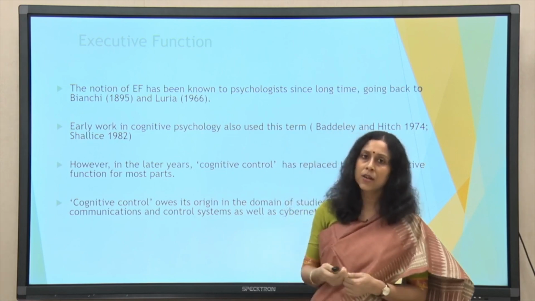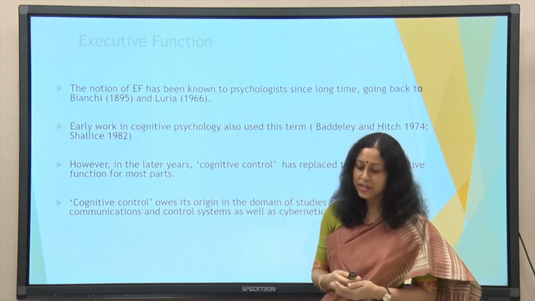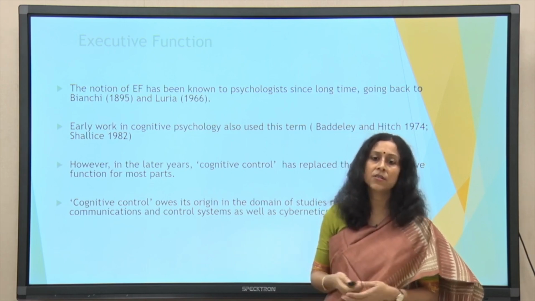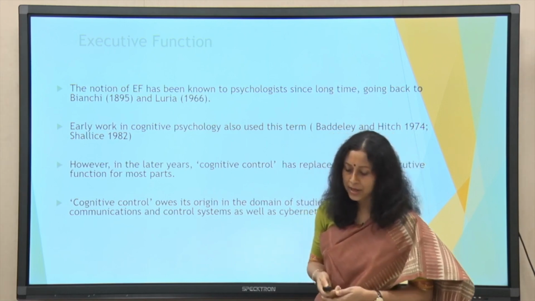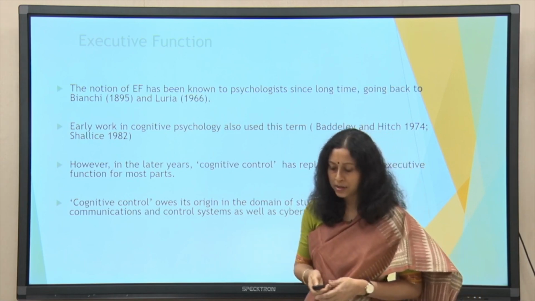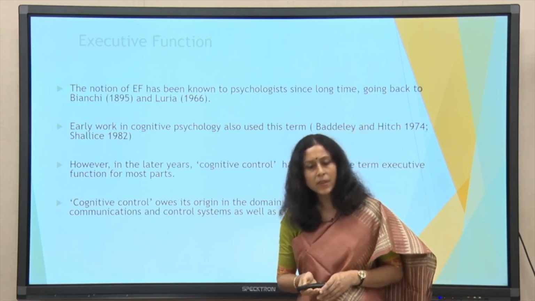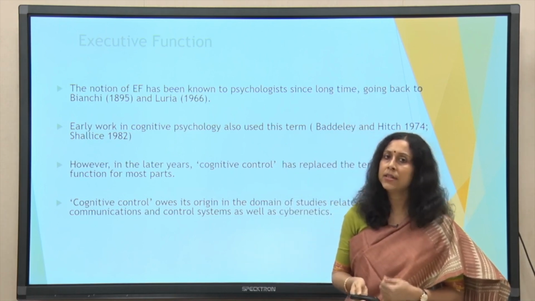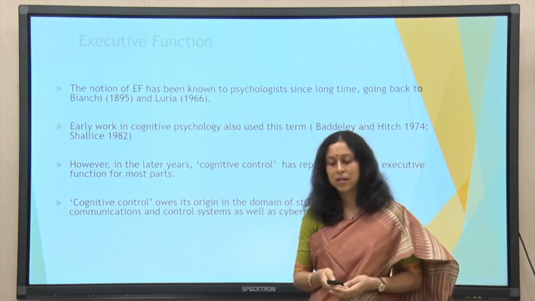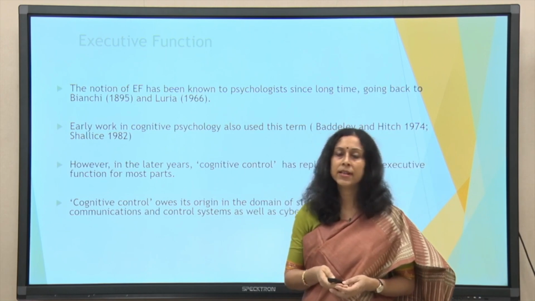And when cognitive psychology came into being, the initial stages of research in cognitive psychology also used this term very heavily, as I have mentioned in a few important papers here. However, like all things, the domain has been changing very rapidly through the last many decades.